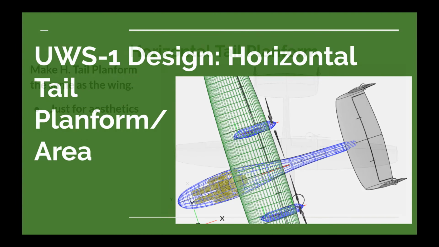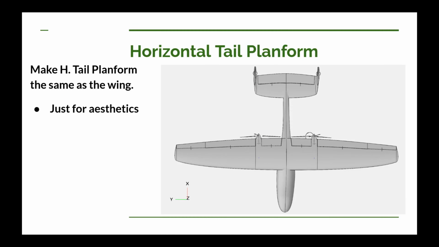Let's get into it. One of the things that's only semi-related to the surface area is the planform for the tail. One of the things I want to do is to have the airplane be at least somewhat aesthetically pleasing. And I thought, let's make the planform for the horizontal tail resemble the planform for the main wing. The main wing is a mostly elliptical wing with the tip cut off.